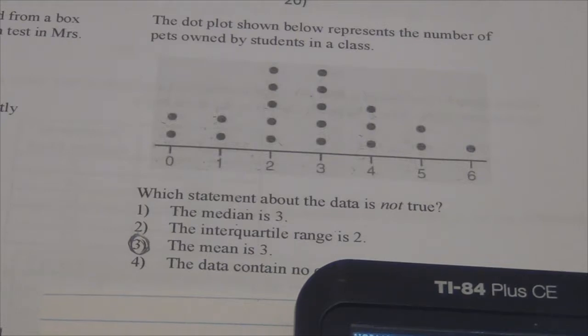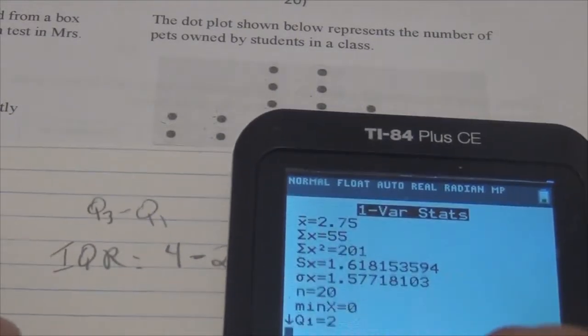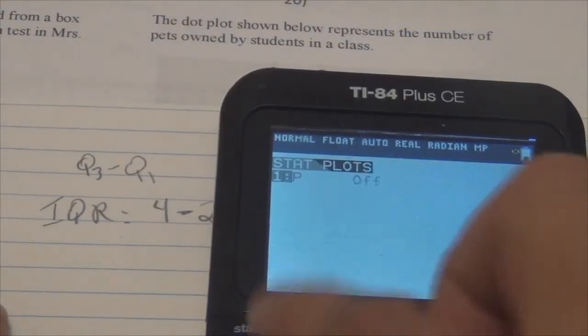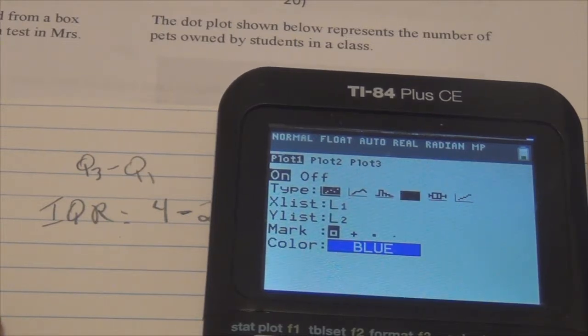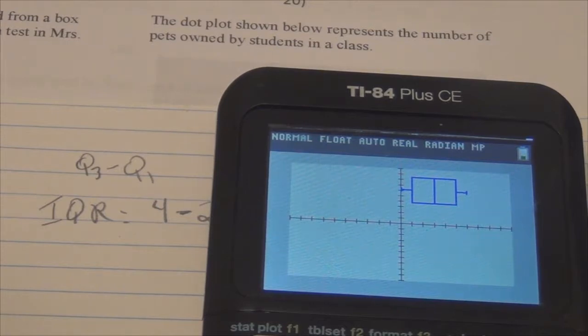I go to second, stat plot, I want it on, and I want it to show me a box and whisker plot with outliers to see if there are any. That's your box and whisker plot, and nope, there are no outliers. So we're good. Let's go on to the next question.